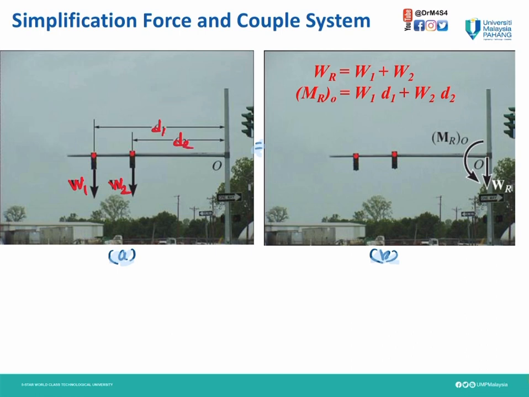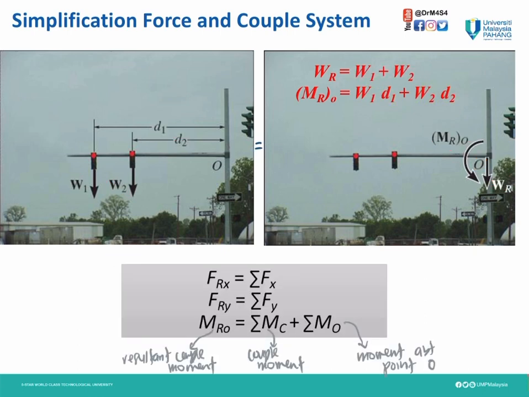We can simplify into the resultant weight WR and MRO, where we identify the resultant moment at point O. Here is our point O. So our resultant weight is W1 plus W2, while the resultant moment is W1 times D1 plus W2 times D2.